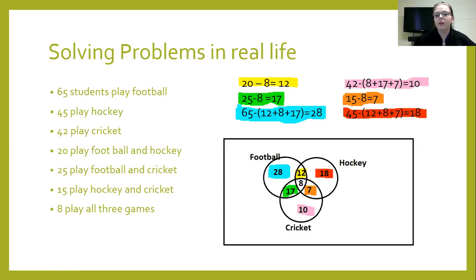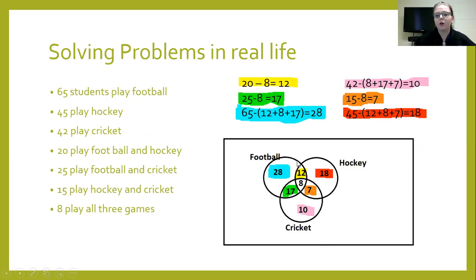We're going to put that for football and hockey, excluding the cricket, because we're just looking at the football and hockey portion of it. Then we know that there are 25 players that play football and cricket. 25 minus 8 gives us 17, and that's going to be in the green portion, for football and cricket.